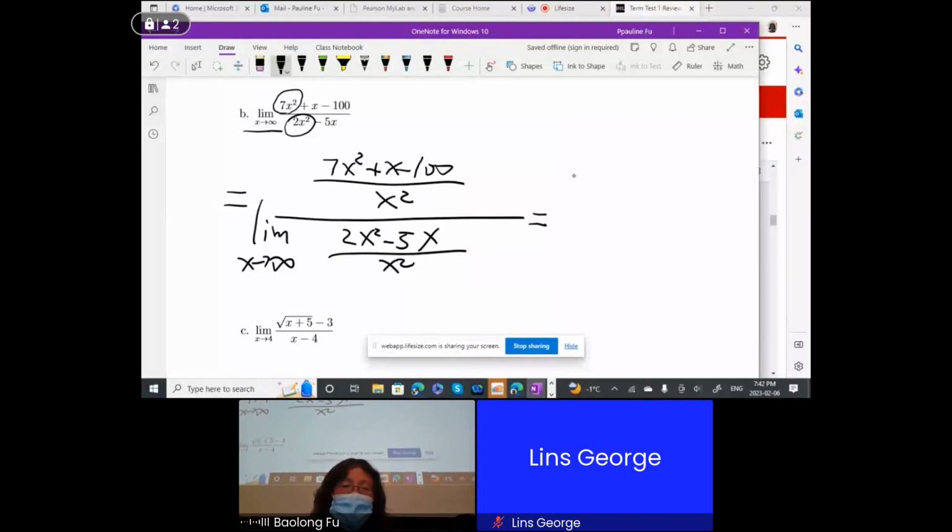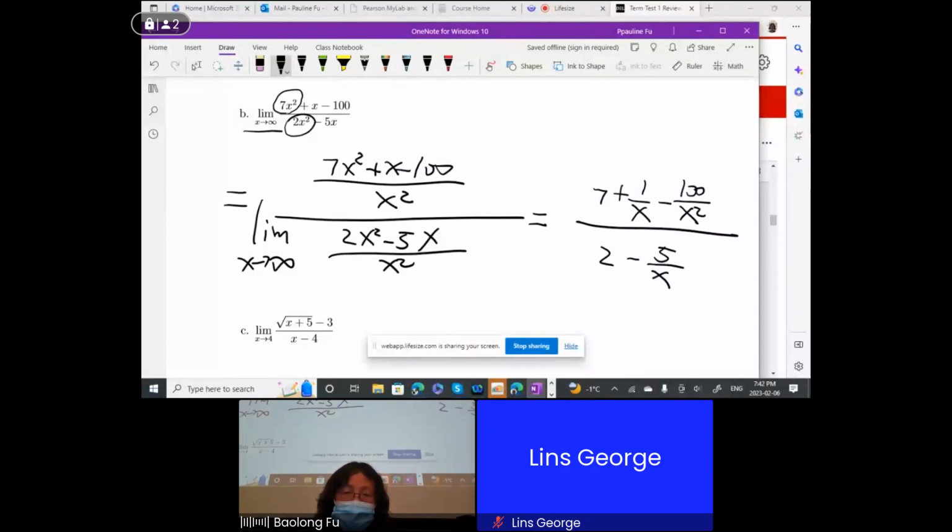And then simplify the top, it is just 7 plus 1 over x minus 100 over x squared. This is on the top. On the bottom, 2 minus 5 over x. This is the limit, x goes to infinity.